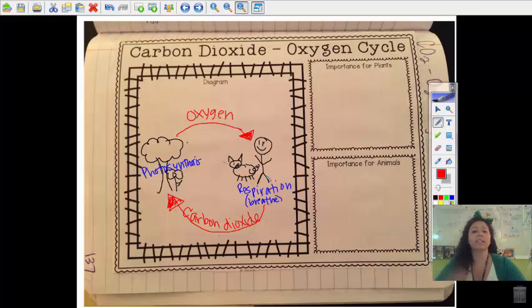It's always happening. That's why it's called a cycle. The plants take in carbon dioxide. Photosynthesis happens. Photosynthesis makes glucose and then releases oxygen into the atmosphere. Humans and animals go through respiration, breathe in that oxygen, and release the carbon dioxide. It gets taken in by the plant, and the cycle starts over and over again.